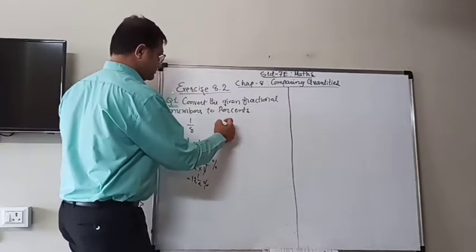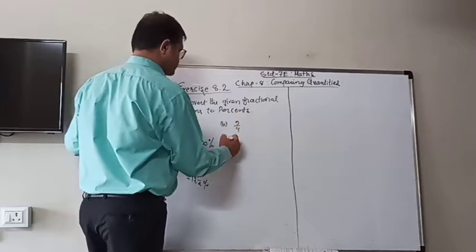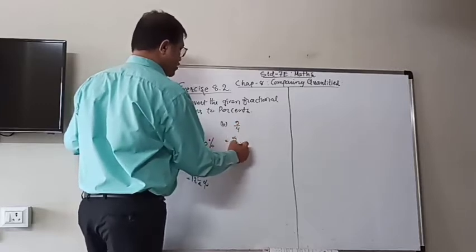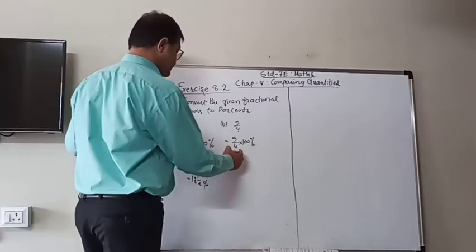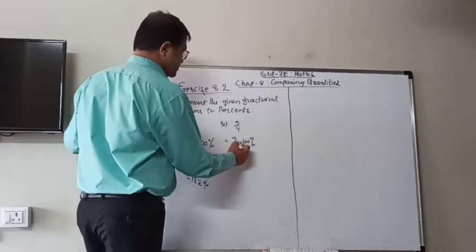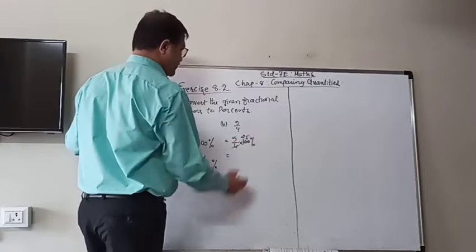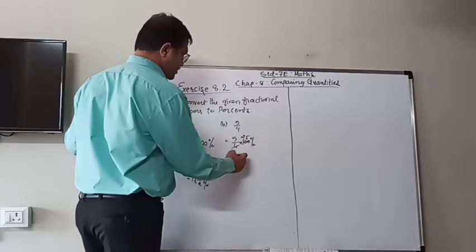Second one, 5 upon 4. So it is equal to 5 upon 4 into 100%. You can cancel directly also. 25 4s are 100. So 25 5s are 125%.